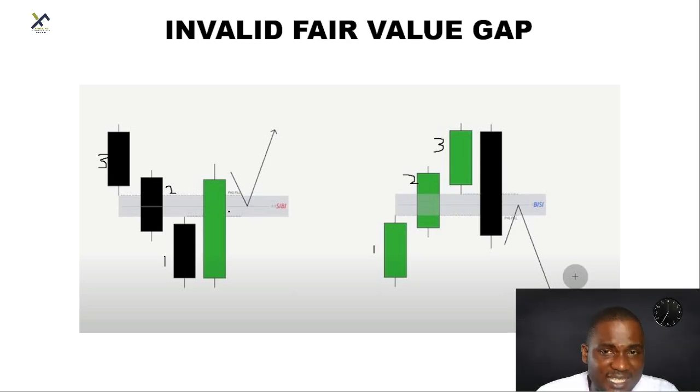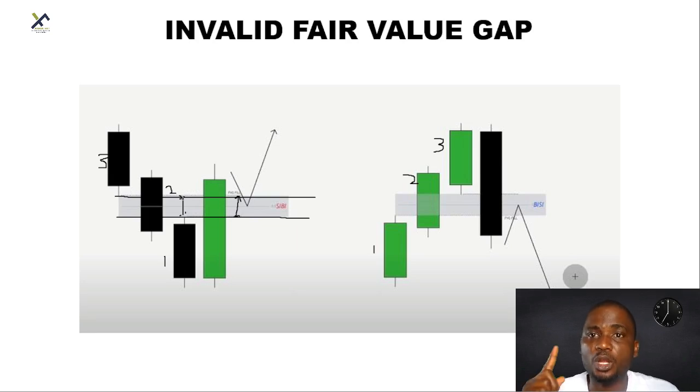Then why is this pattern an invalid fair value gap? The fair value gap must not be filled before the pullback occurs. Once a fair value gap is filled before the pullback occurs, that fair value gap becomes invalid.